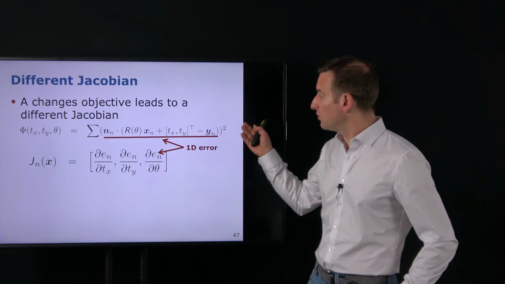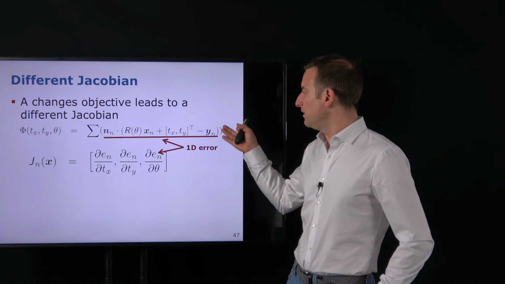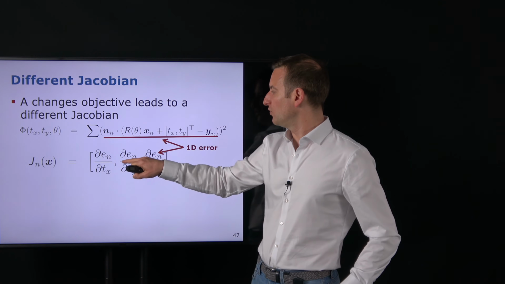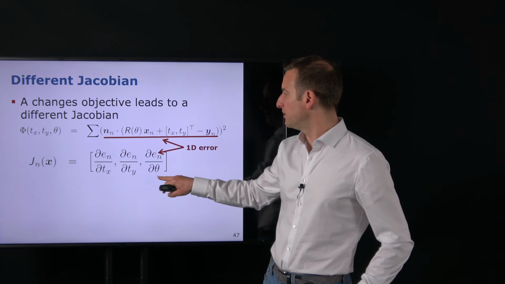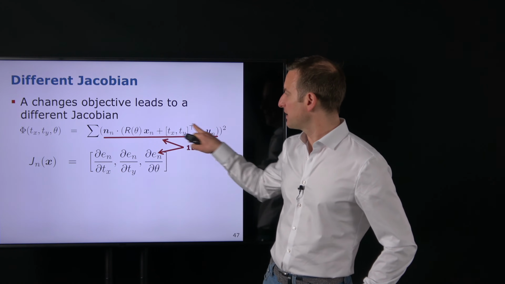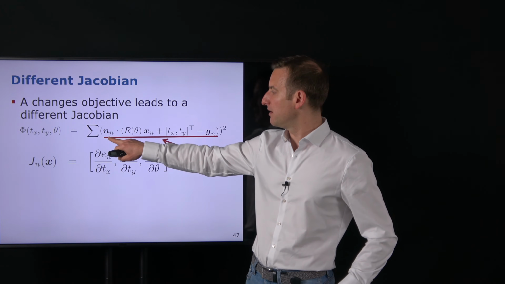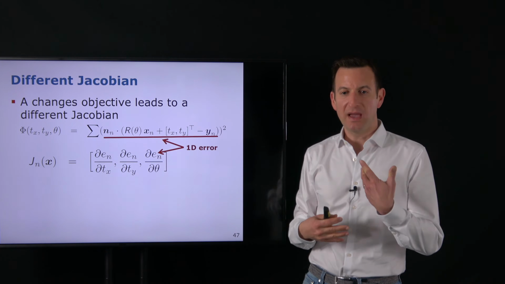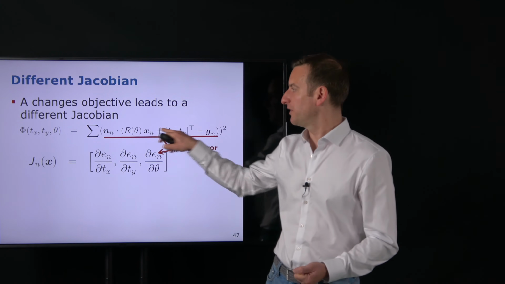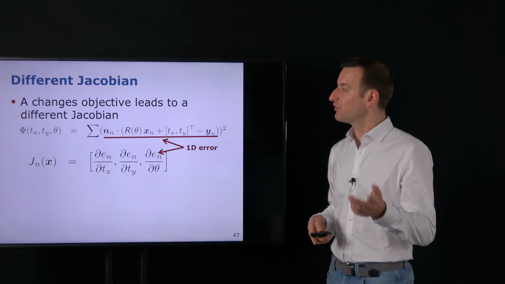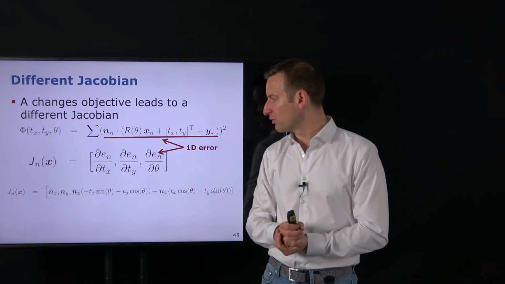And now what we need to do is compute, again as before, the first derivative of this whole expression with respect to tx, ty, theta. What basically changes here is that we had the expression we had before, but now I have the dot product with the normal vector. So we basically need to multiply the terms that we had before with the x and y component of the normal vector over here.